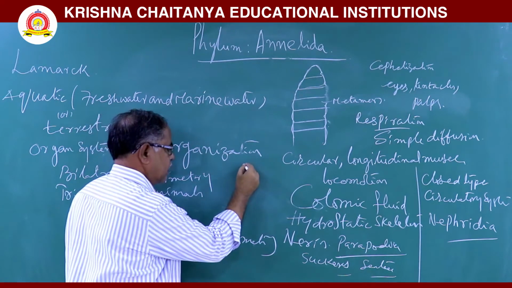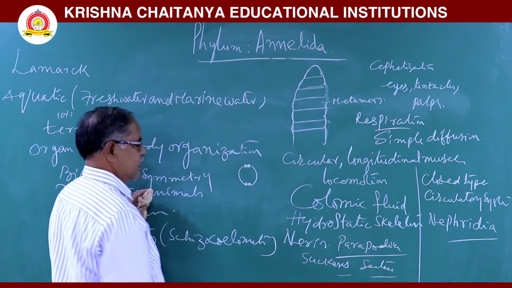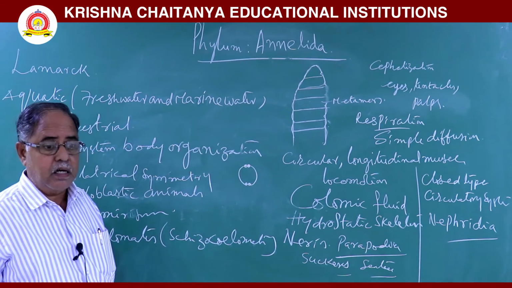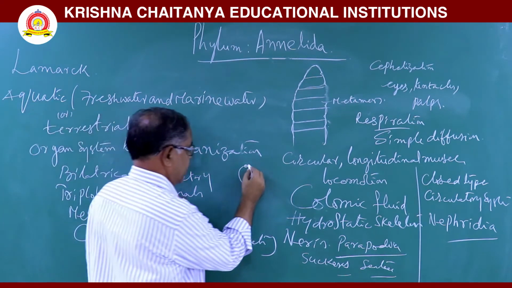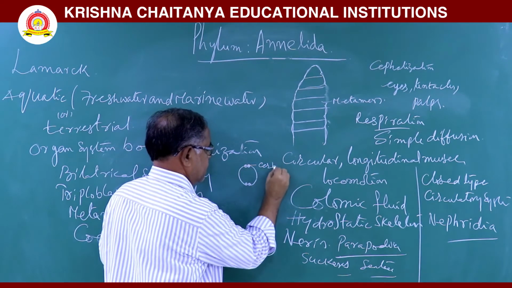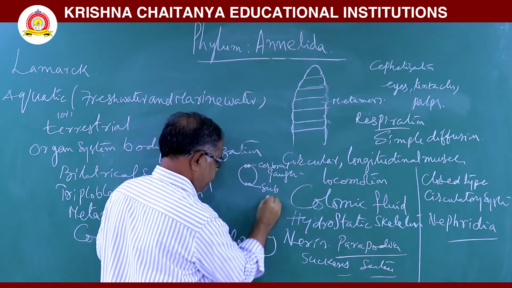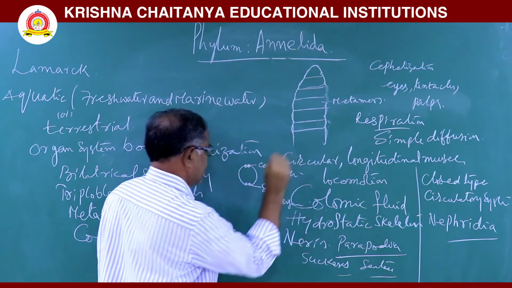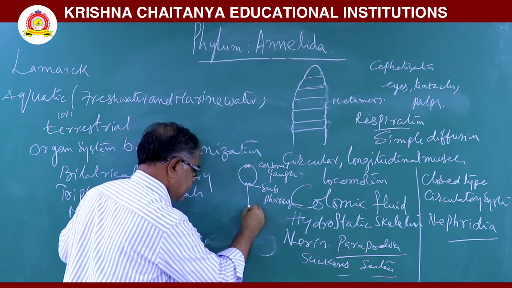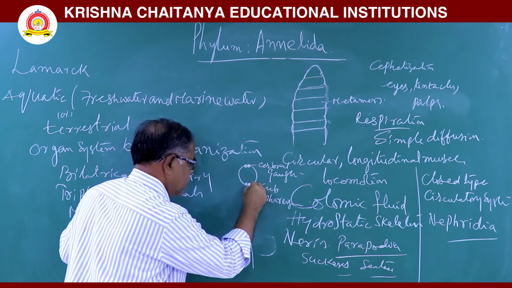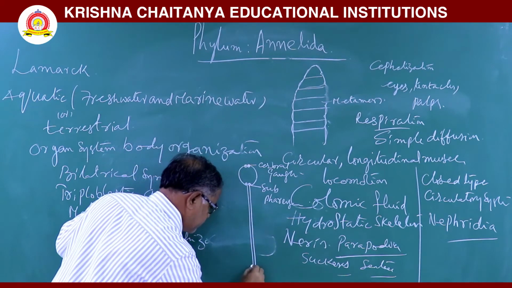These two ganglia are connected by one pair of nerve fibers and form a nerve ring around the pharynx. From the subpharyngeal ganglia, a ganglionated double ventral nerve cord is formed.